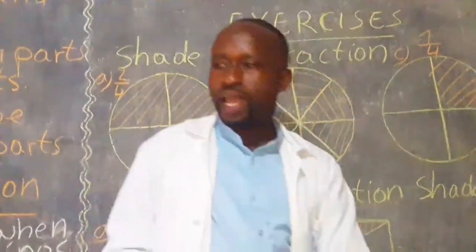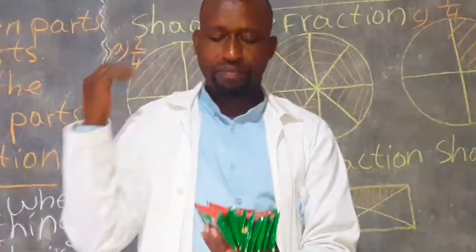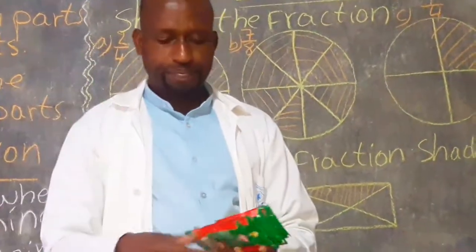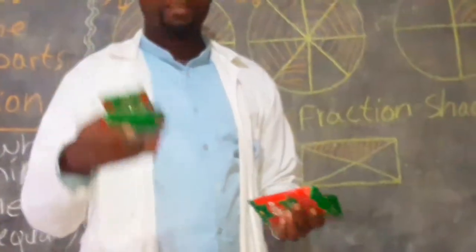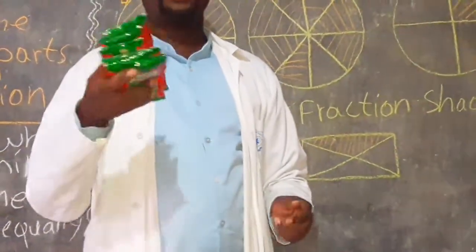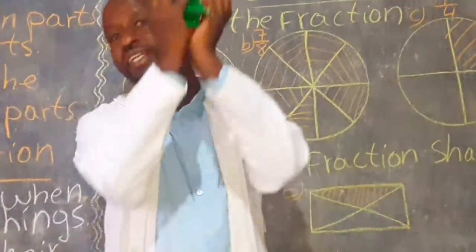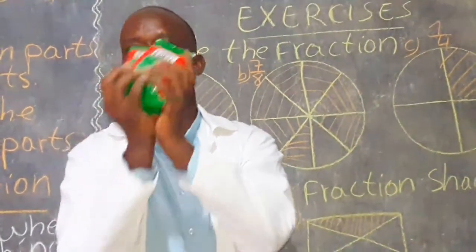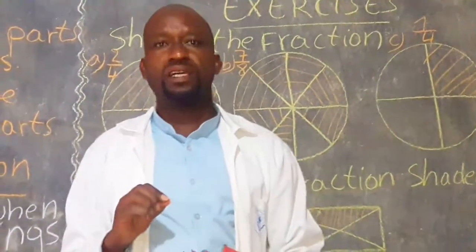Good. And here again, I'm going to count 1, 2, 3, 4, 5, 6, 7, 8. All number of available parts is 8. That says 8 is denominator.